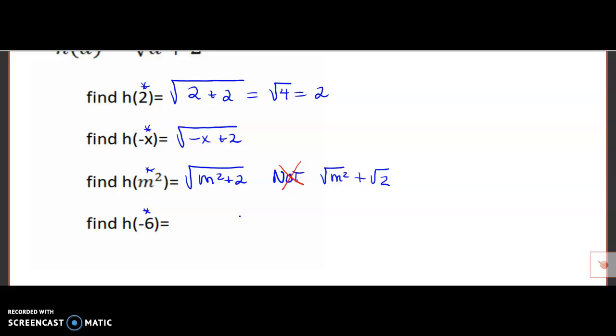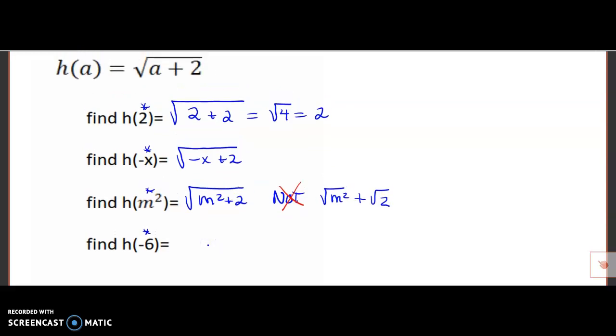Finally, last one here is h of negative 6. So under the square root, I'll replace the a with a negative 6, so I get negative 6 plus 2. We can clean that up and get the square root of negative 4.